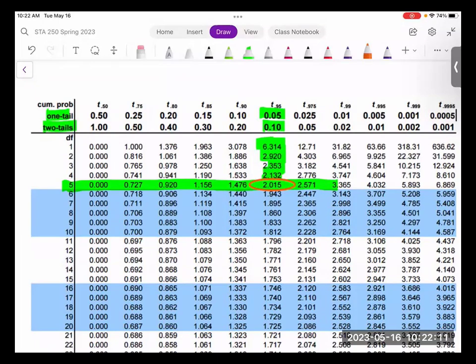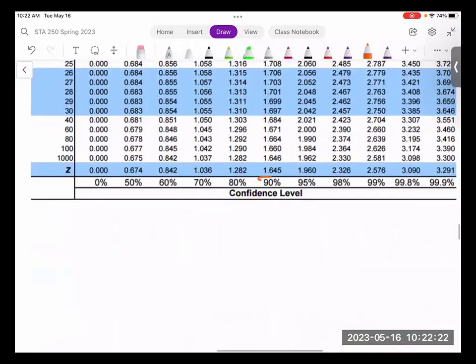Are we okay? Now, really, you didn't have to do the alpha and the alpha over 2, honestly, with the T table. If you knew that on the bottom, you have a 90% over here. That's the confidence interval on the bottom. Confidence level. Do you see it? You follow me, right? So you didn't have to deal with the alpha anyway.